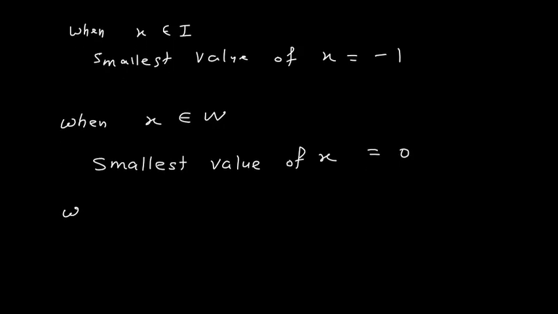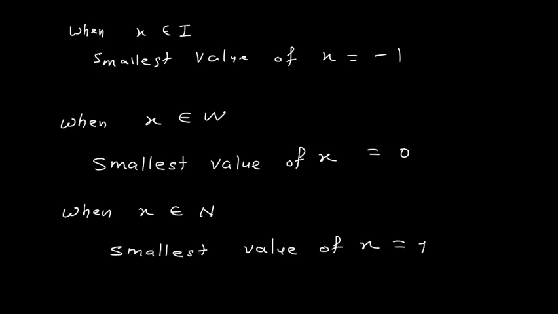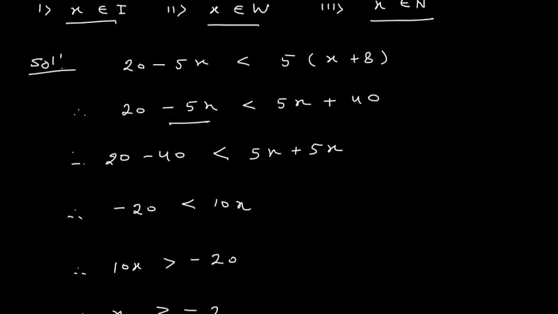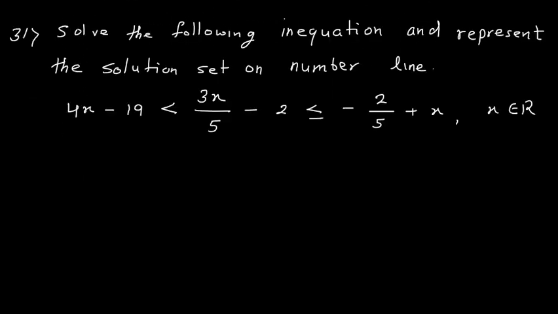And when x belongs to natural number, then the smallest value of x is 1. I hope you understand. Now let us see question number 31.